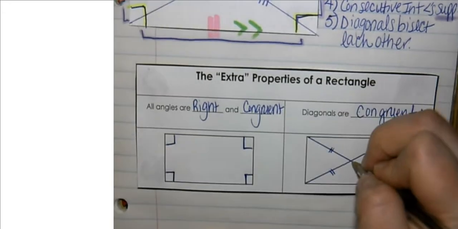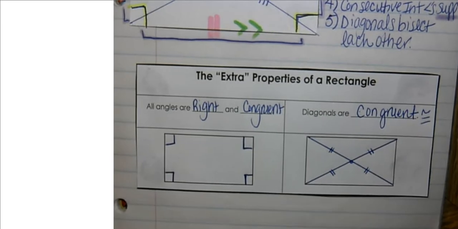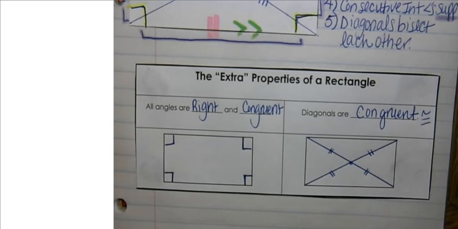So not only do they bisect each other, they are congruent. And those are all of the extra properties of a rectangle.